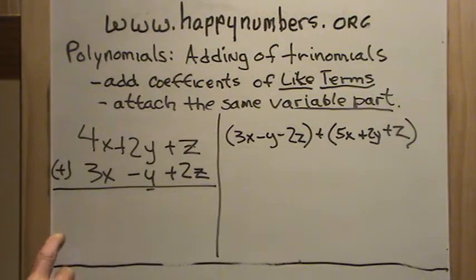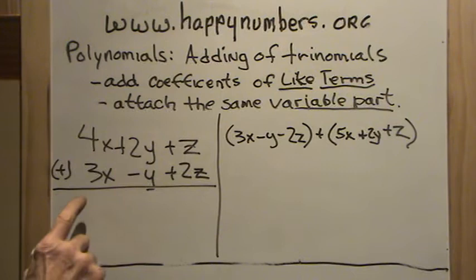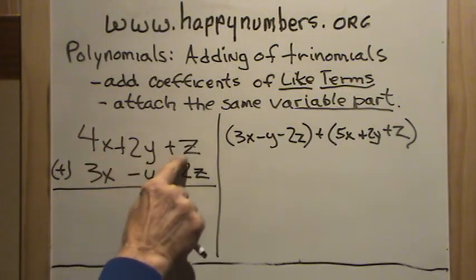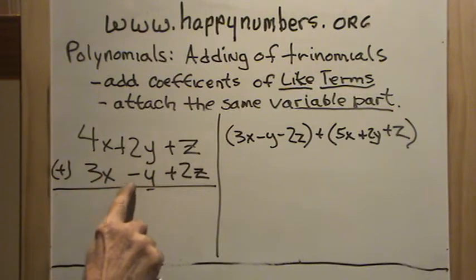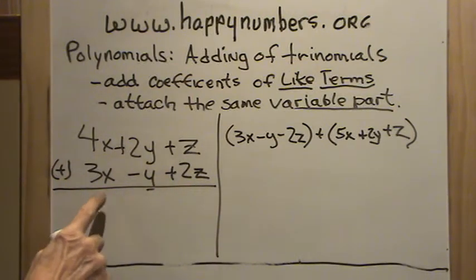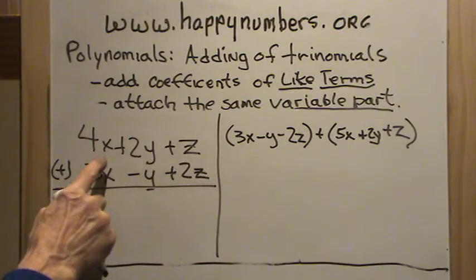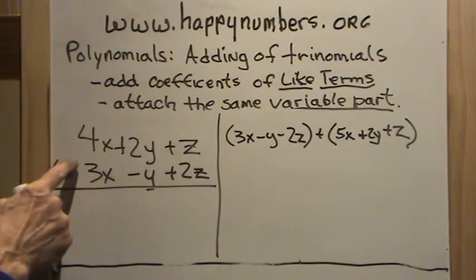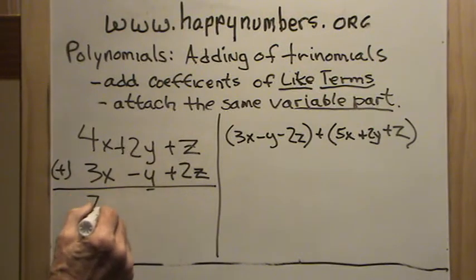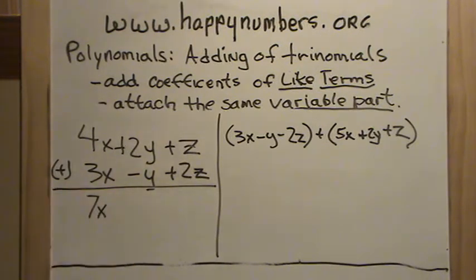Good. Well, this is a trinomial. This is a term, this is a term, and this is a term. We're going to combine them. The variable parts are the same here, x and x, so we can combine the coefficients. 4 and 3 is 7, and we use the same variable part, x.